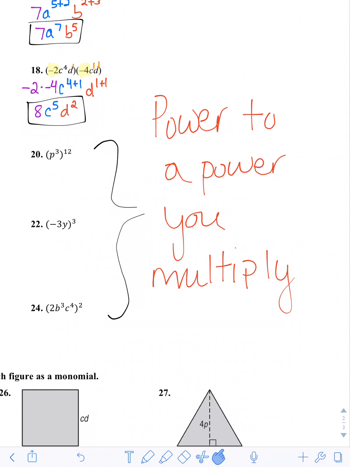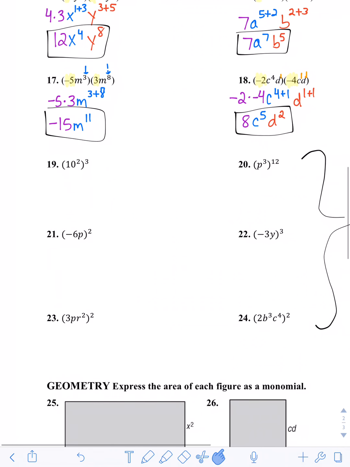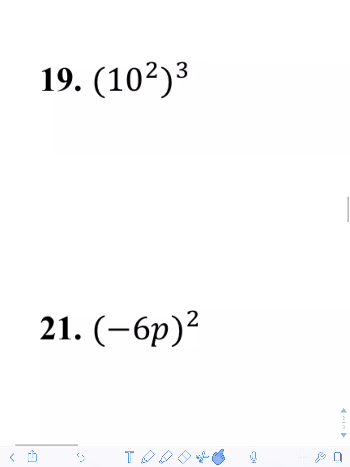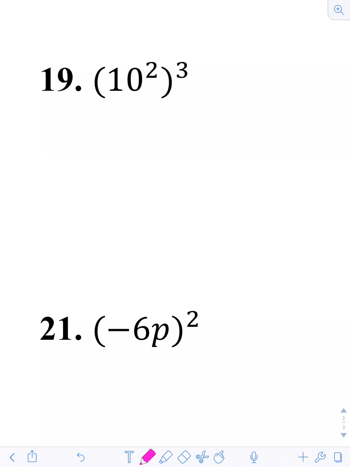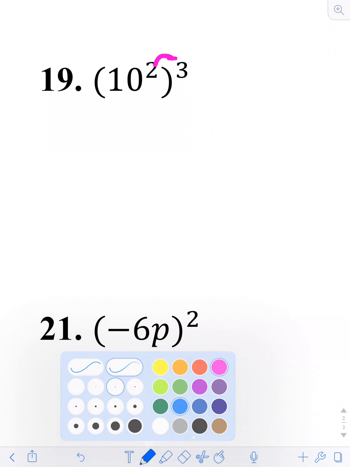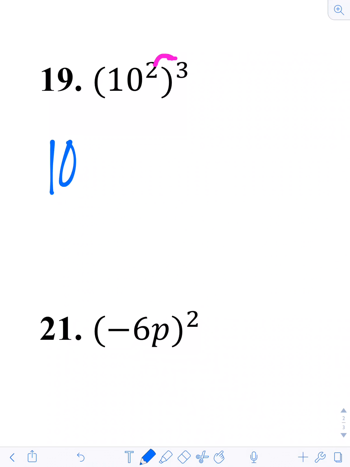All right. So we'll start over here at number 19. Pretty much this is going to be kind of like distributing. So we do pink. You take the 3 and you distribute it right here to the 2. Anytime you have a power to a power, you multiply them. 2 times 3.